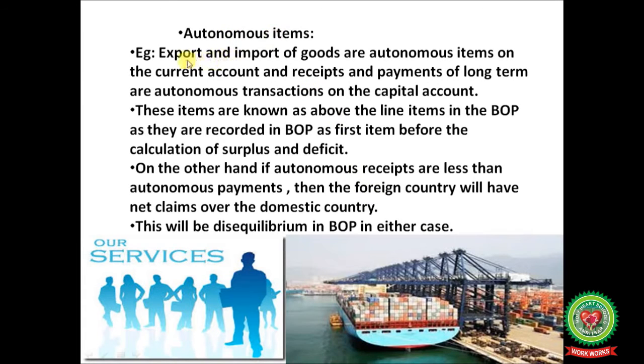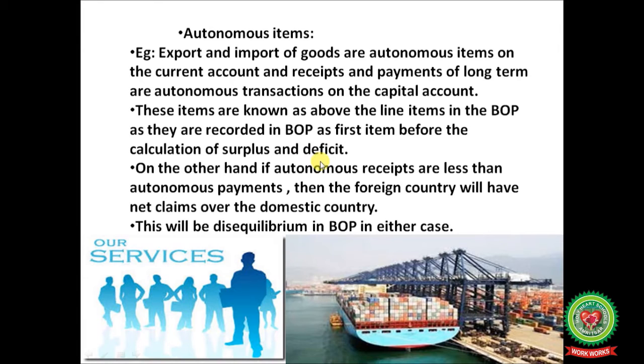Autonomous items. For example, export and import of goods are autonomous items on current account, and receipts and payments of long-term capital are autonomous transactions on the capital account. These items are known as above the line items in the balance of payment, as they are recorded first, before the calculation of surplus and deficit.